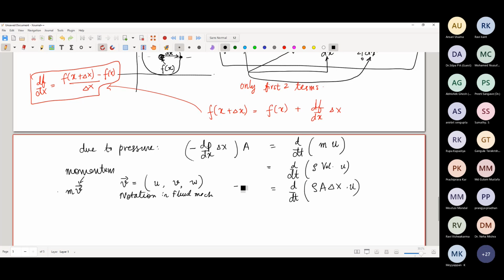So on the left hand side, we have minus dp dx times delta x times a. So this delta x a cancels out. So we have d dt of rho times u is equal to minus dp dx. What does it mean?